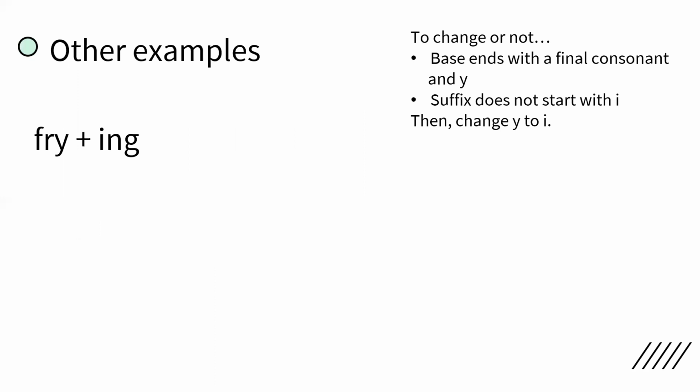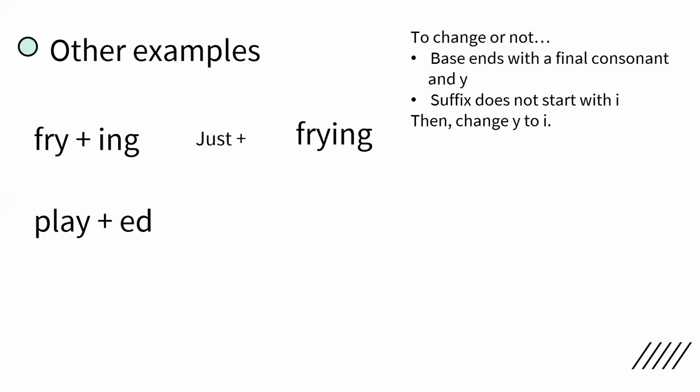So let's go through our questioning. Does our base word end with a final consonant and then Y? Yes, we have an R-Y. Does our suffix start with any letter other than I? No, this one starts with an I. So in this case, we're just going to add them together, and we would have F-R-Y-I-N-G.